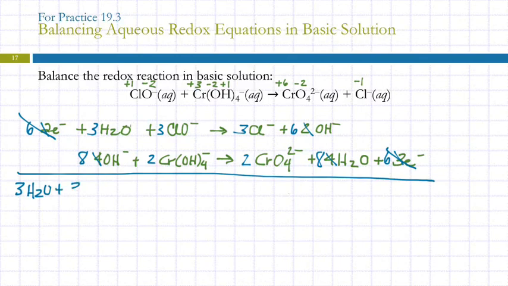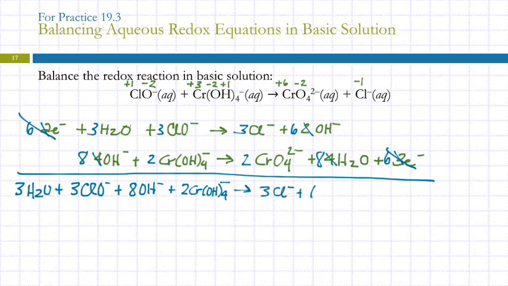3H2O plus 3ClO minus plus 8 hydroxide plus 2 chromium thing there, 3Cl minus, 6 hydroxides, 2 chromates, and 8 waters.